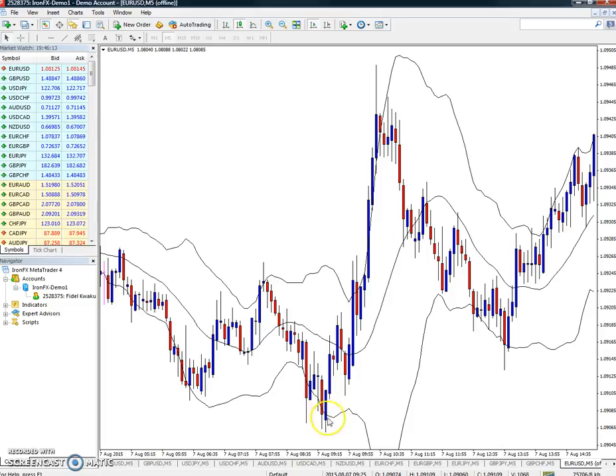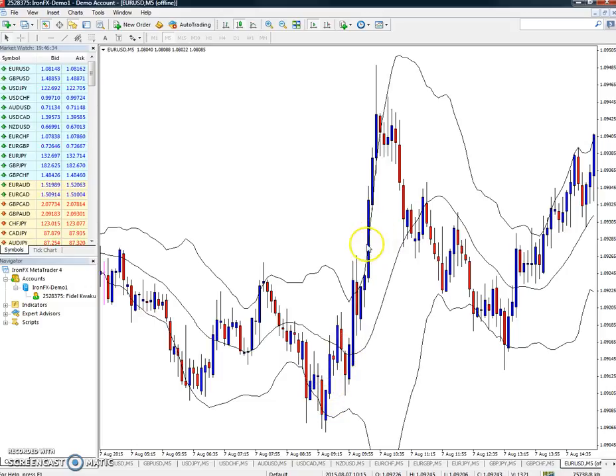Then you wait for a bullish candlestick to form next after the bearish candlestick, and then you take a call trade. In this case, as you can see, a bearish candlestick closed below the lower band and it's followed by a bullish candlestick. And when this bullish candlestick closes, immediately you take a call trade.